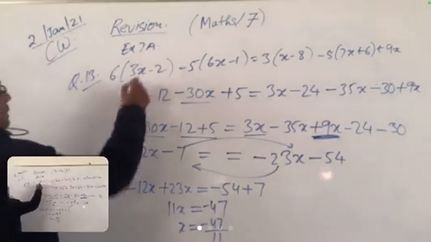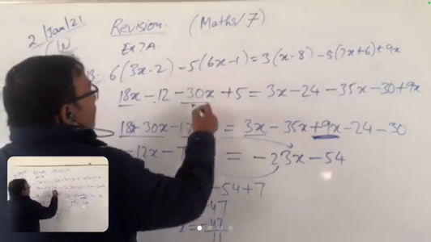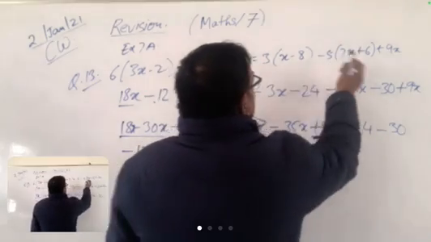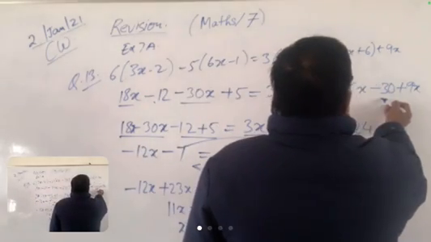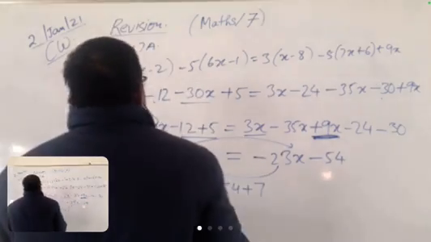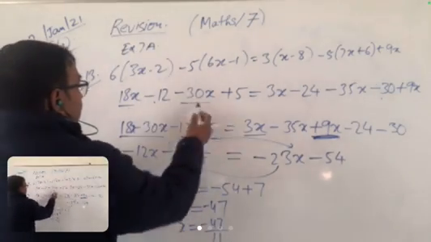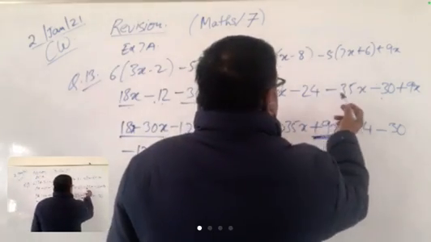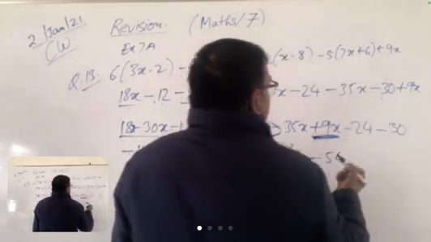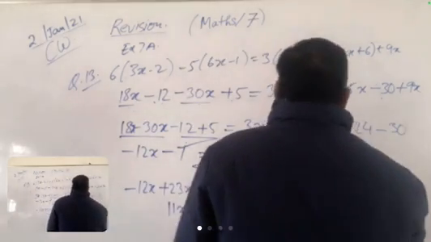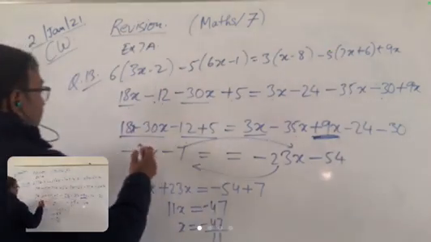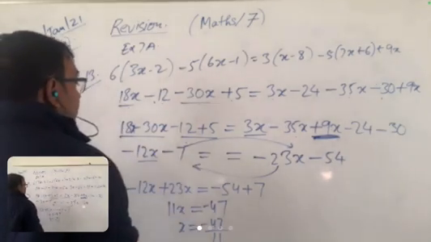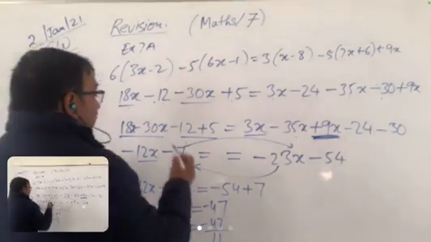We can calculate. 6 threes are 18x, 6 twos are 12, 30x. Now it is plus 5, 3x, 24, 35. This is minus 30 and then this. Now collect the like terms. 18 minus 30 is minus 12x, and this is plus 12 minus 5, so it will be 7.